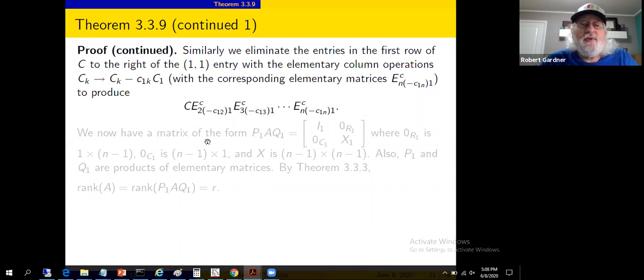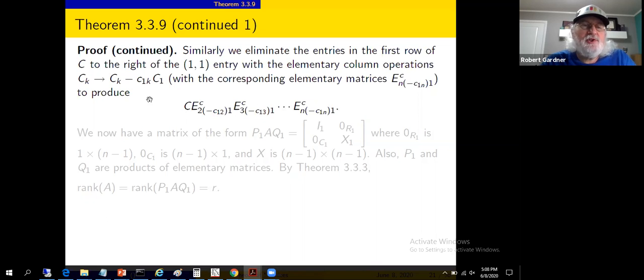Okay, we'll do that with these elementary matrices that manipulate columns. And it's the same type of manipulation. So we'll take column 2 and eliminate the first entry using row 1. I'm sorry, using column 1. We'll use column 1 to fix things in the third column and so forth.